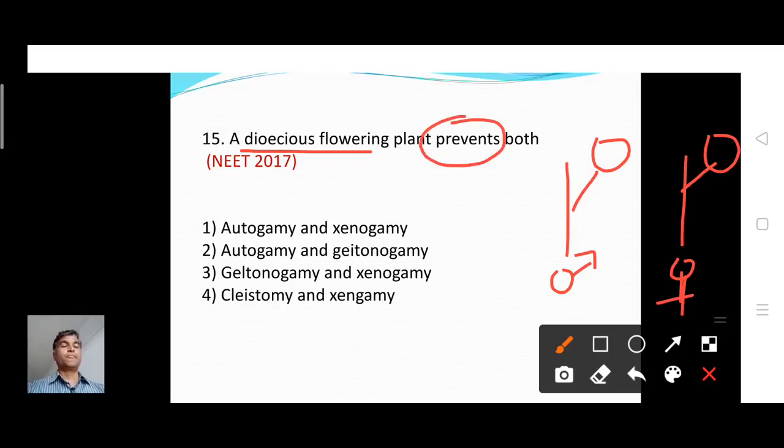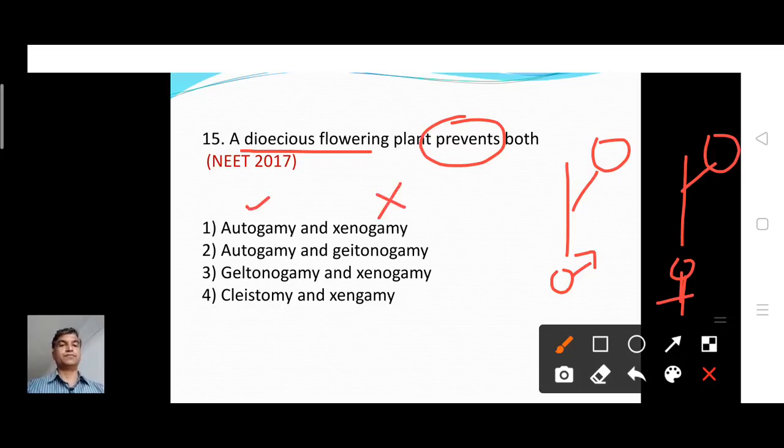So when you take the straight relation, autogamy and xenogamy condition, autogamy means it requires the bisexual flower. Yes, if bisexual, then only self pollination happens. If it is a unisexual one, then autogamy will not take place. So dioecious plant will prevent autogamy, but not xenogamy.